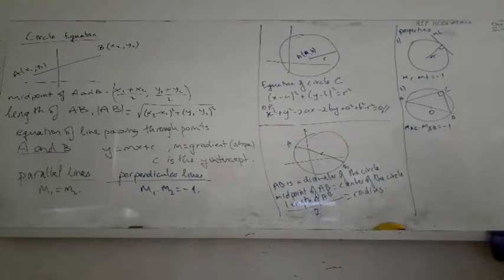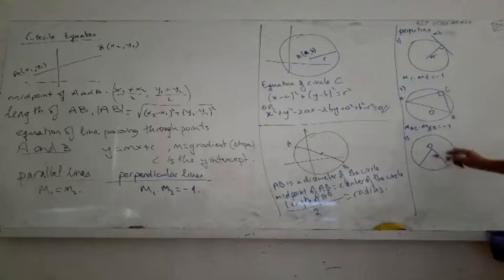And as the third property, we can say that this is a radius coming from the center O. This is another radius, so their lengths are equal.